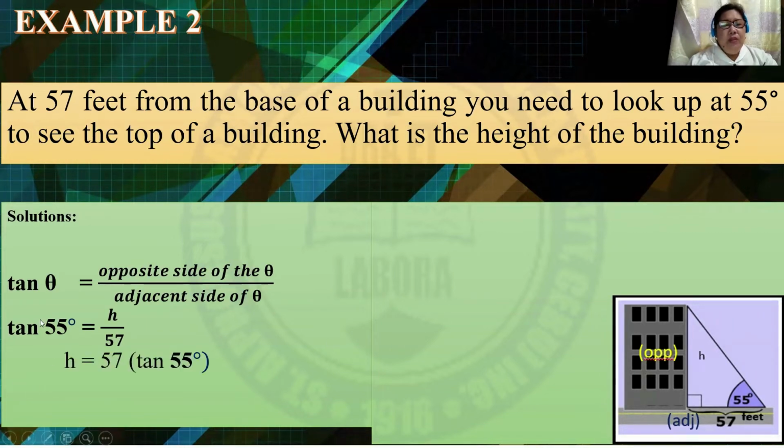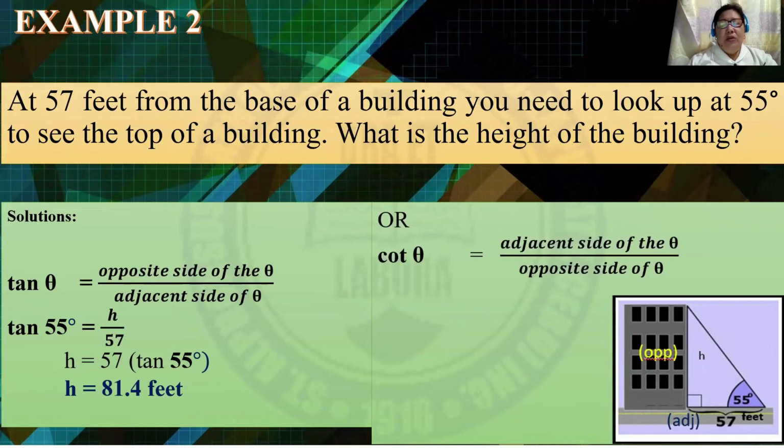And when we cross multiply tan 55 degrees times 57, so we have now h is equal to 57 times tan 55 degrees. And multiply 57 by tan 55 degrees, we have 81.4 feet. So the height is 81.4 feet.